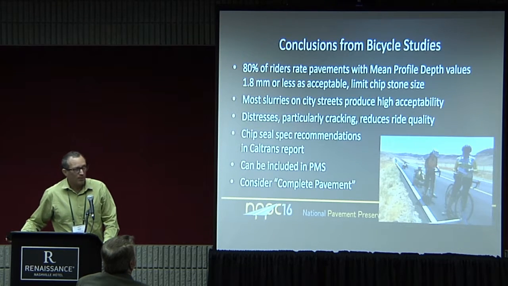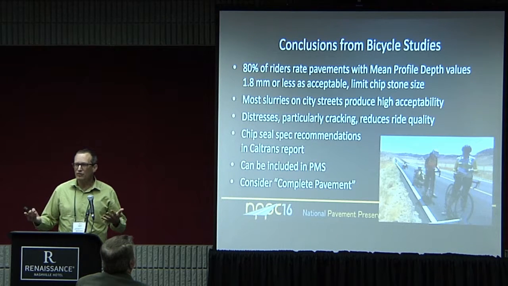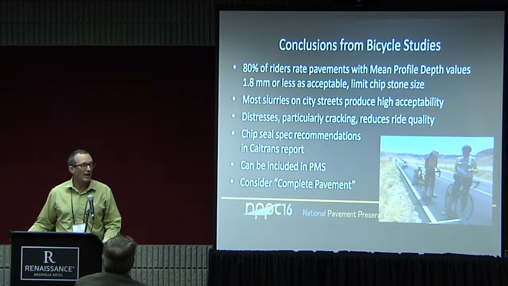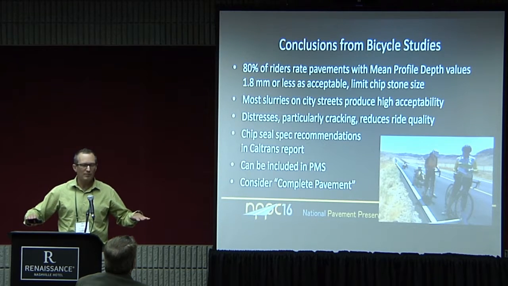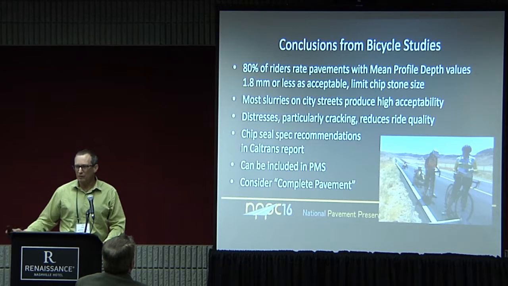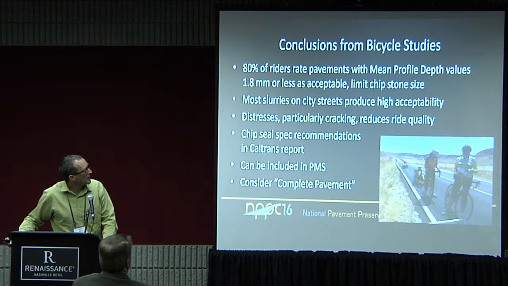Distresses, bicycle riders care about IRI, not nearly as strong as macro texture, but there was definitely a correlation with IRI. So keeping those urban pavements preserved, keeping the cracks from getting too bad so they start affecting the IRI, you're not only going to keep the motorists happy and the agency happy, you're going to keep the bicycle riders happy.